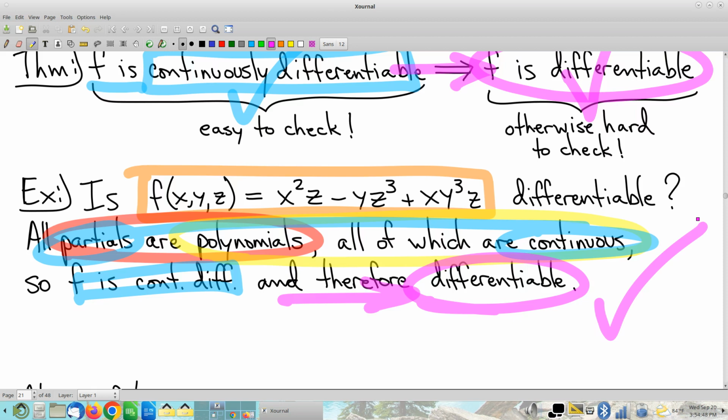What would be an example of... Yeah, it actually is kind of hard. I could give you some examples, but that's going to take us down a road that we don't need to go down. But there are some examples of functions that are differentiable, but not continuously differentiable.